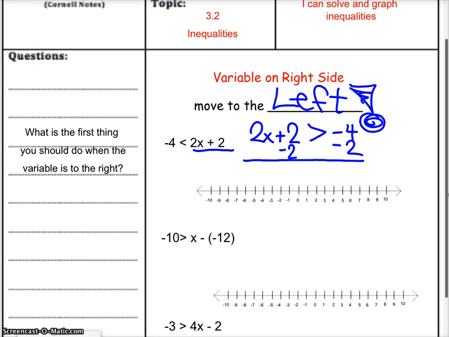Look, same. Same means add. -6. You just flipped it around. Yep. You do that every time if it's on the right. X is greater than -3, right? Yeah. So circle at -3, going right.